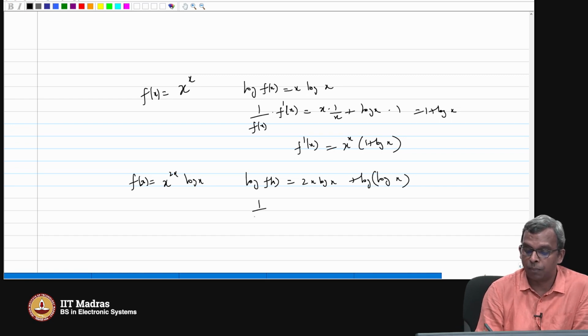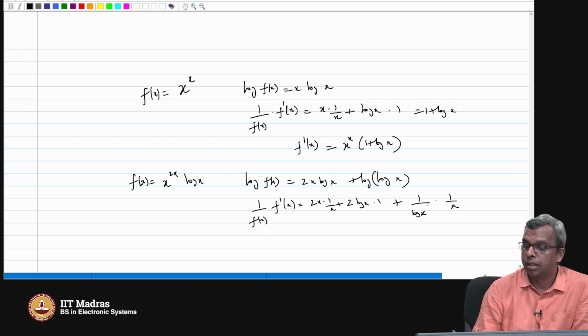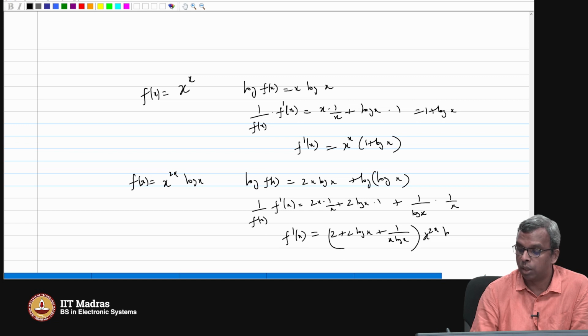All these things can be very efficiently differentiated. 2x into 1 by x plus 2 log x into 1 plus 1 by log x times 1 by x, right? So that's all. So you get a very simple form, 2 plus 2 log x plus 1 by x log x. Okay, this of course is multiplied by f of x, which is x power 2x log x.